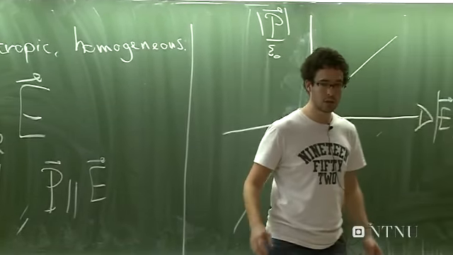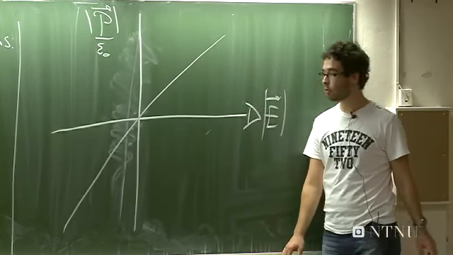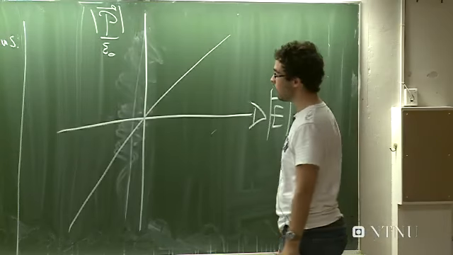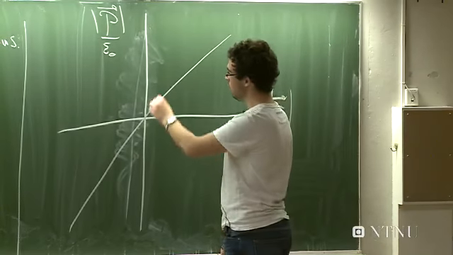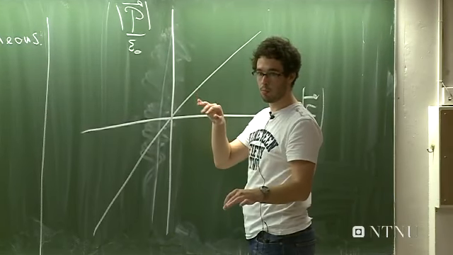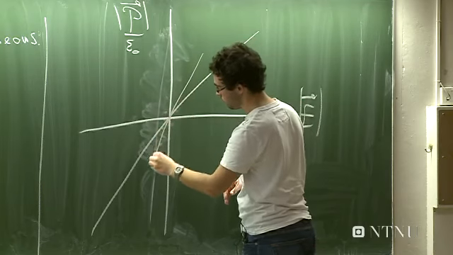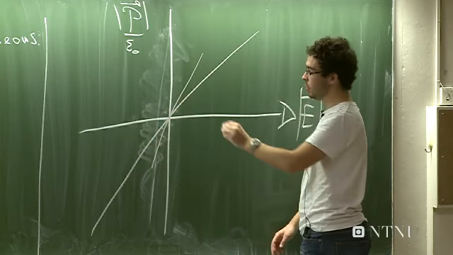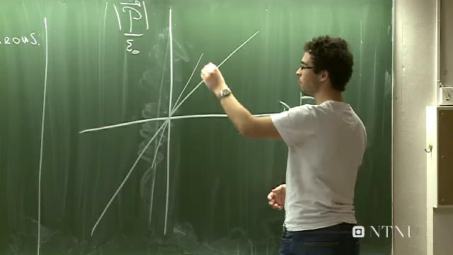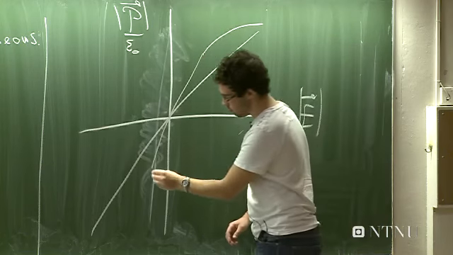And then after that, it's only the induced dipole moments which contribute to the polarization. This means that in the beginning we get a linear graph when there's still some dipoles to align left. But then as the field strength increases, we run out of dipoles to align, and it falls off like this in some fashion.